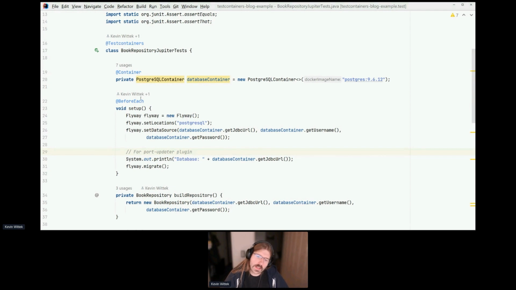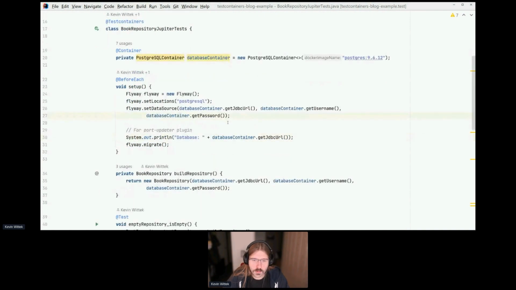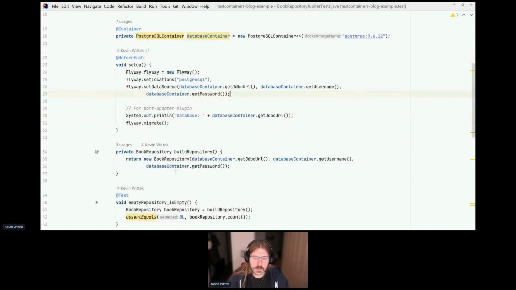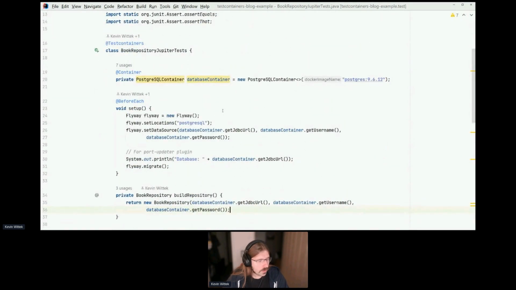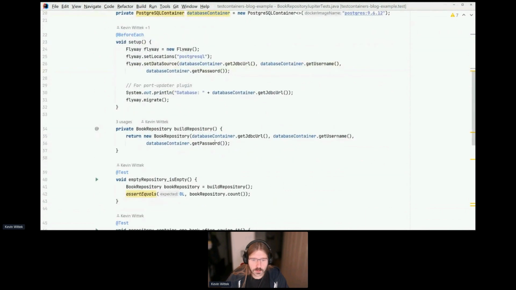That's why the paradigm here is always, after the container has been created and started, you should get the actual mapped port and inject it in your system under test to work accordingly. So that's what we do here with Flyway, and we do it accordingly with our book repository here. We inject the JDBC URL to be used to connect. So no hard-coded values anywhere. That's nice. We are using the Testcontainers extension here to automatically start and stop containers on a per method basis.